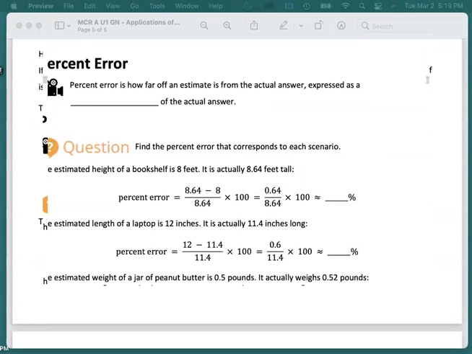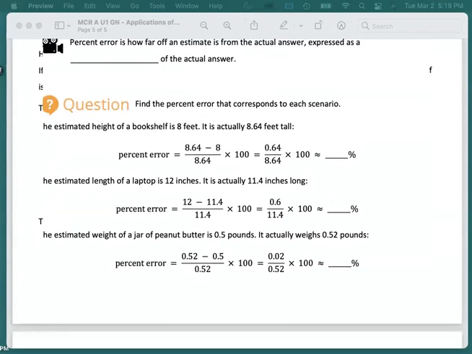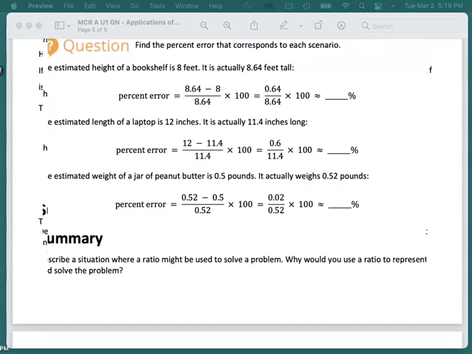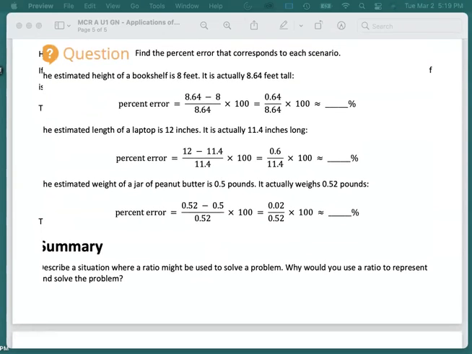Okay, so percent error, this is going to be similar to what we just did. Okay, so the estimated height of a bookshelf is 8 feet. It is actually 8.64 feet tall. So you're finding the difference on the top. See, right here's the difference.